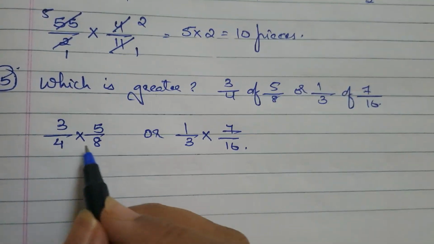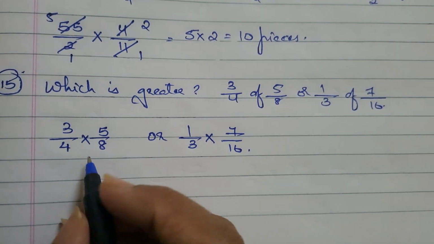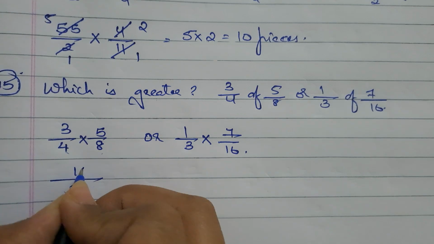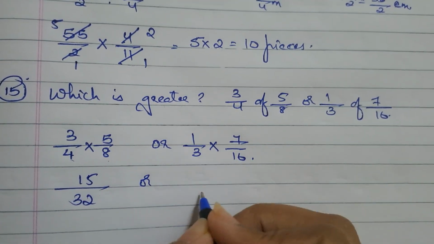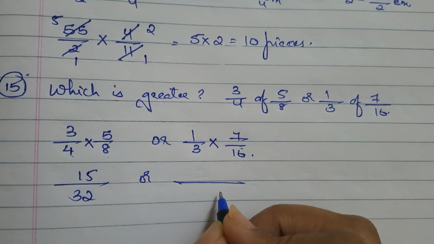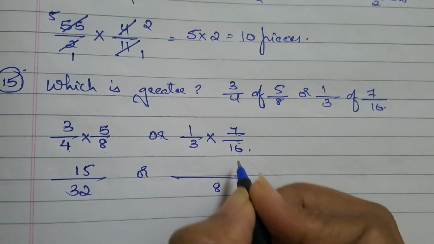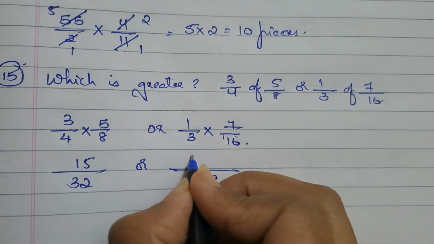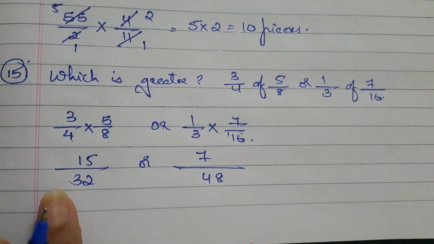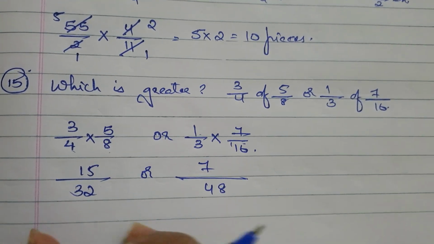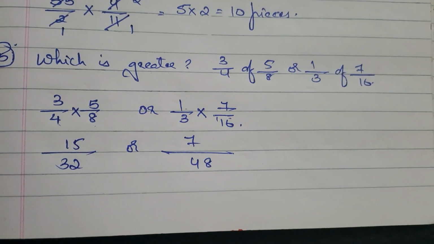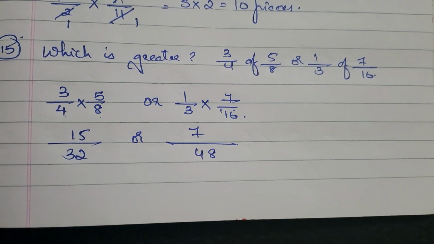So 7 8s are 56, 7 4s are 28, 15 parts of 32, or this one is there, 3 16s are 48. So 7 parts of 48 or 15 parts of 32. I can very well see that 15 parts of 32 would be a bigger value for me.